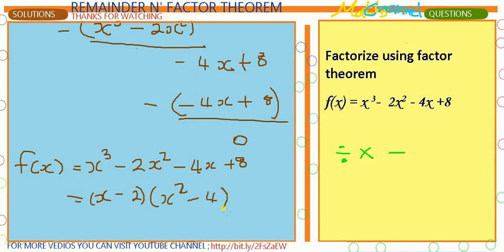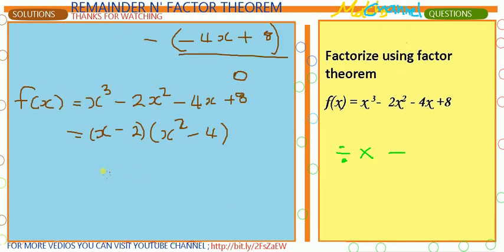So you have to find the factors here. As you can see, this is a perfect square. The square root of 4 is 2, so we'll have something like x plus 2 or x minus 2. So these will be the factors.